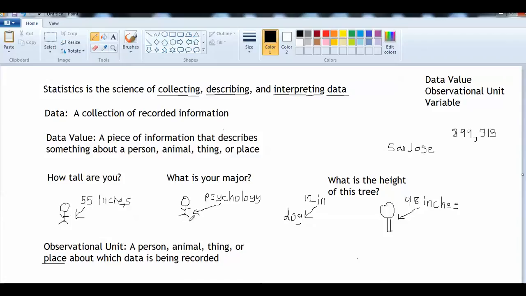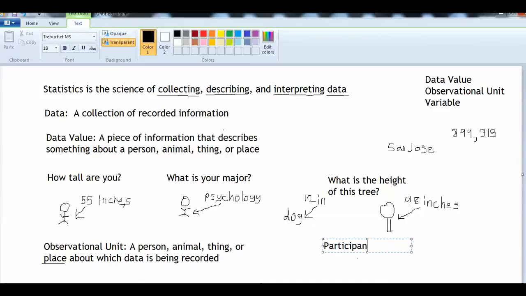So it's nicer to call the person a participant than just an observational unit. So we'll say that a participant is a human observational unit.